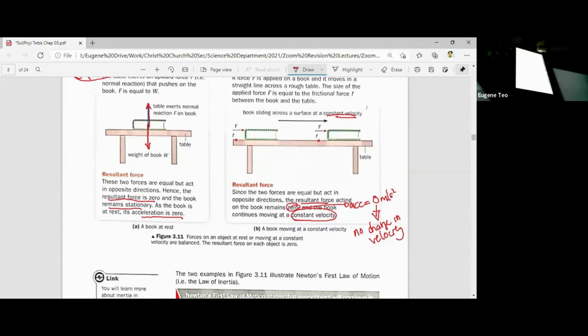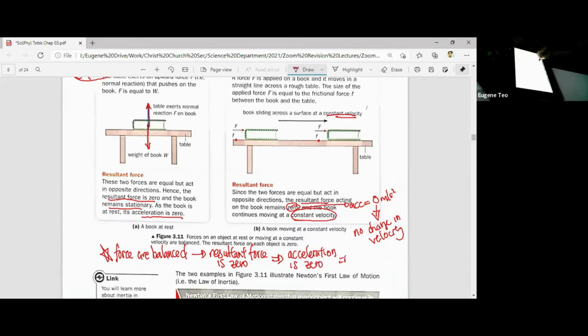Okay, so key idea here. What's the key idea here? It is that when forces are balanced, this will mean that the resultant force is 0. When resultant force is 0, it means that the acceleration is 0.